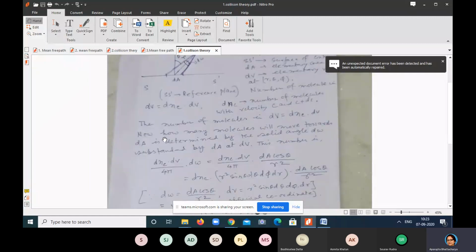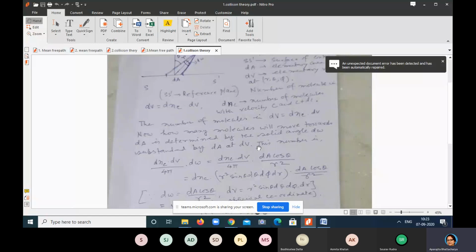Now what we want to find out is how many molecules move towards dA. The number of molecules that will move towards dA is determined by the solid angle d omega subtended by dA at the elementary volume dV.